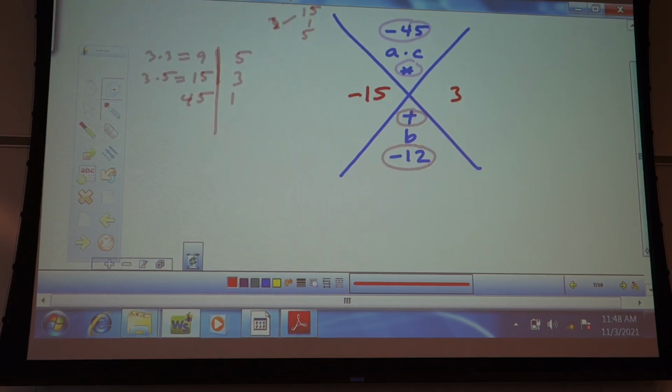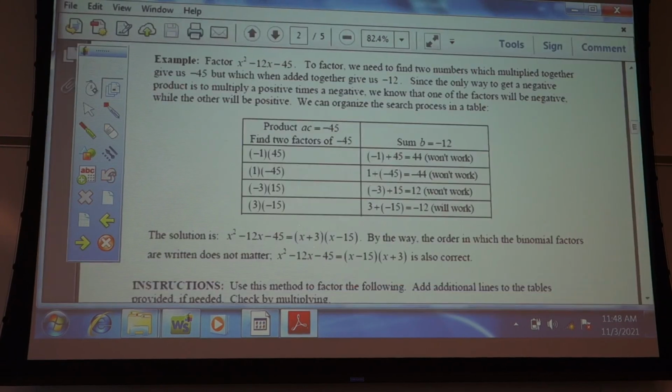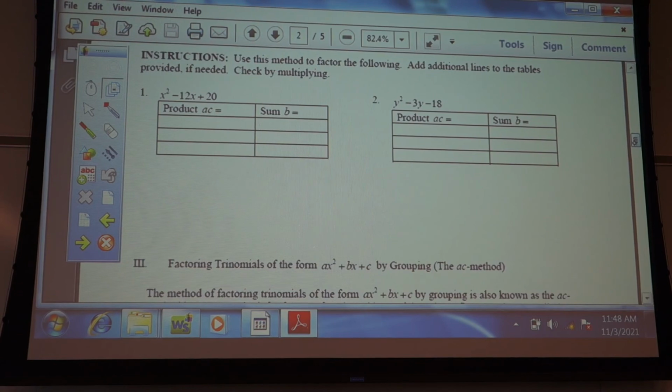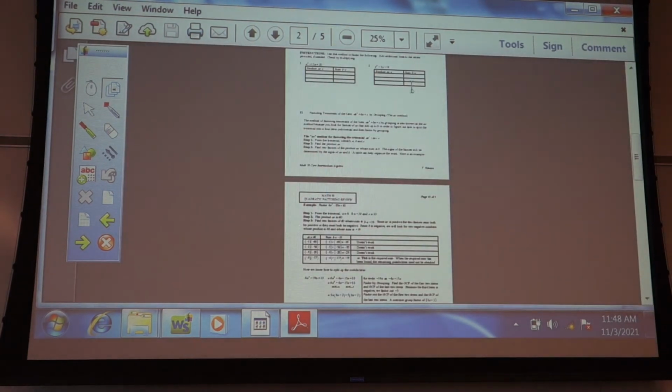That's all we're doing in this first group, finding out what those two numbers are.